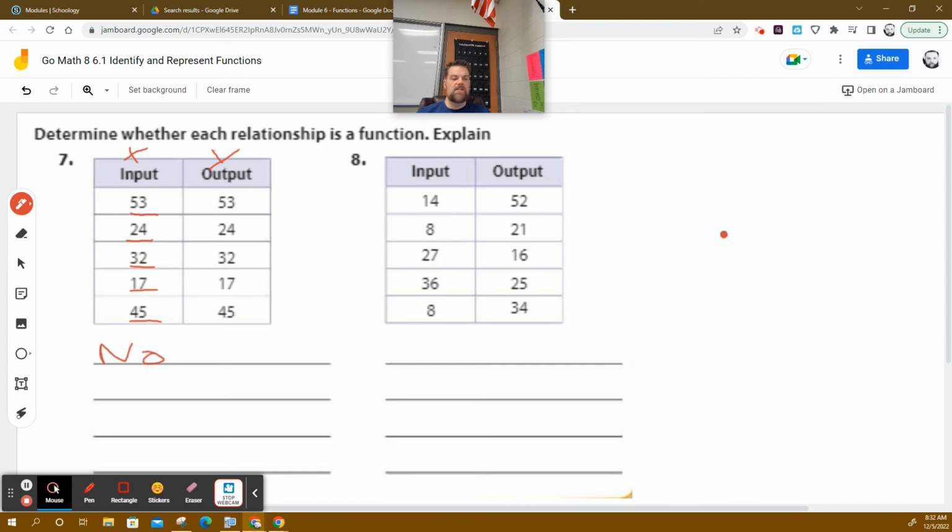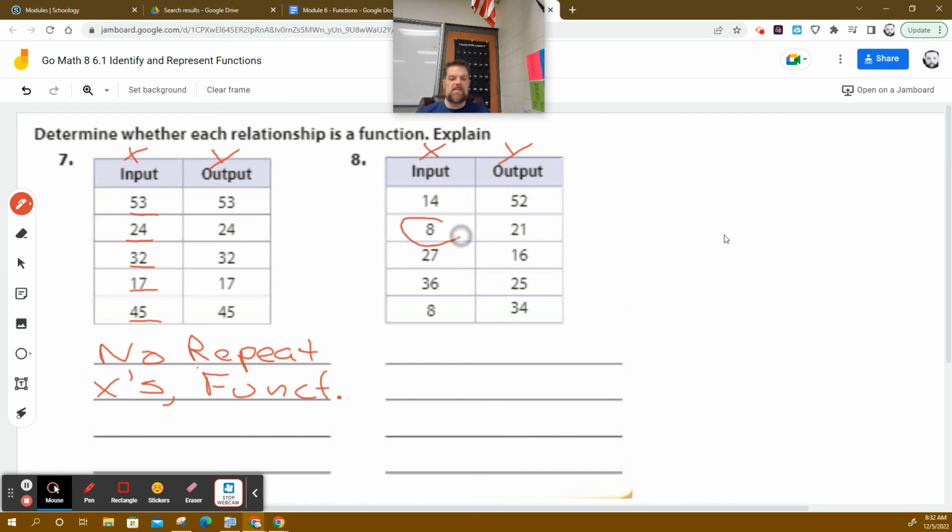We don't have any. No repeat. So it's a function.